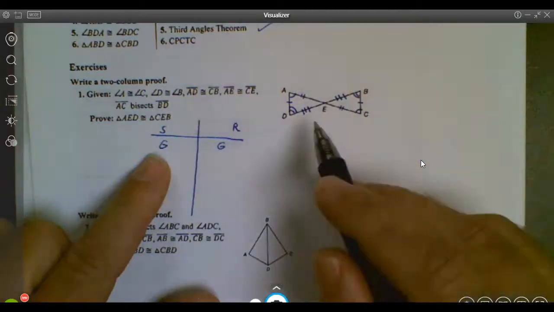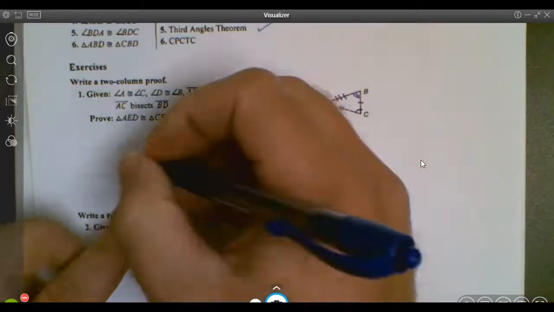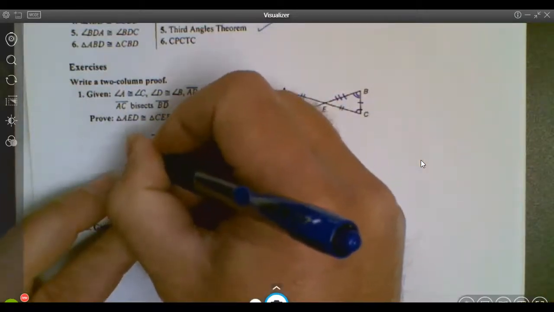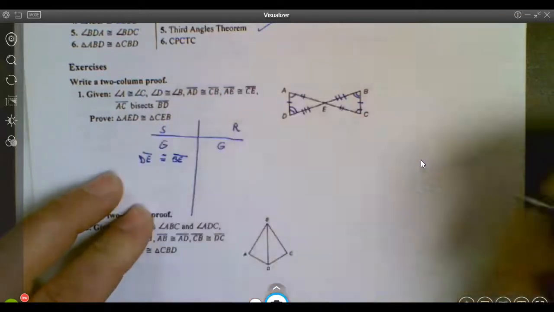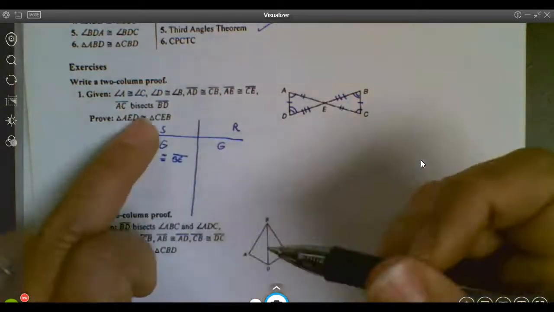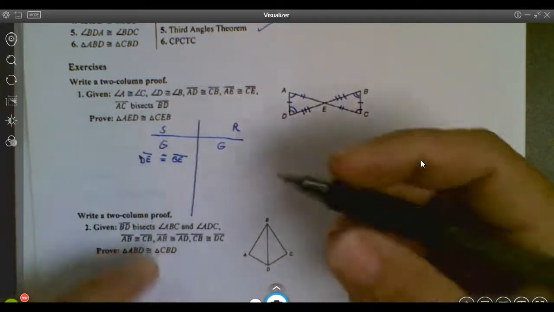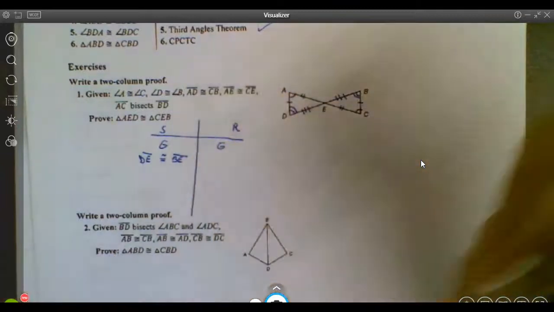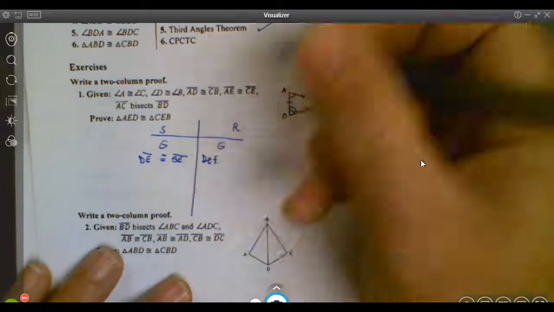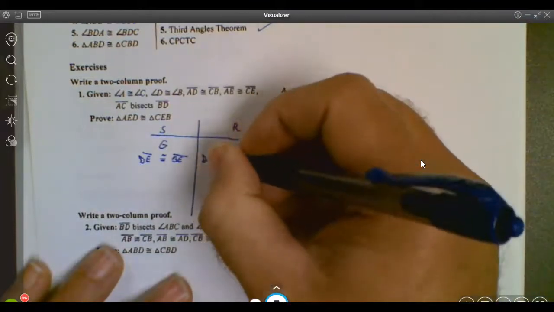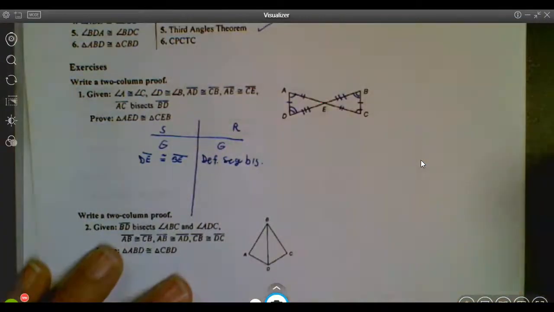So I need to be able to now say that DE is congruent to BE by what reason? What reason did we just use? We just used the definition of a segment bisector. When you're bisecting segments, we say it's the definition of segment bisector. If you're using angles like we did up above, it's angle bisector. So definition of segment bisector.